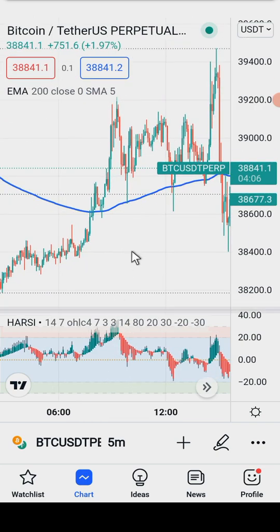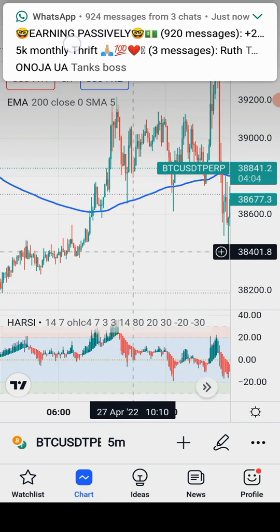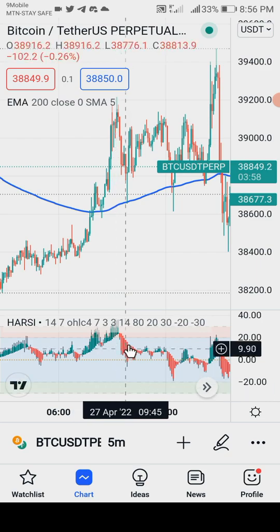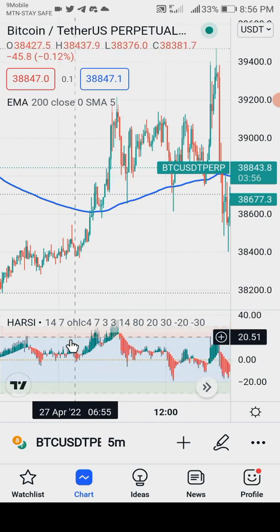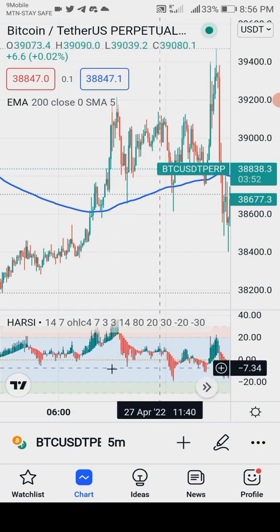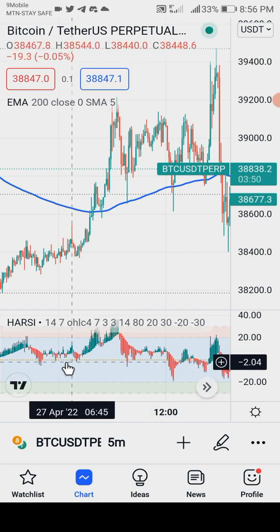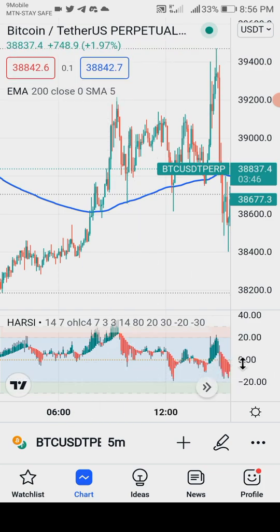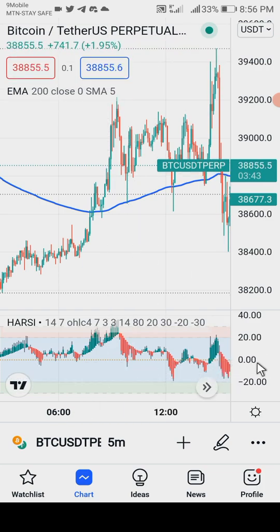So now the meaning of this, how we are going to be using this indicator, is that both of them will be working simultaneously. Looking at this Heiken Ashi RSI here, you notice there's a little thin line in between. The figure of that line is 0.00.